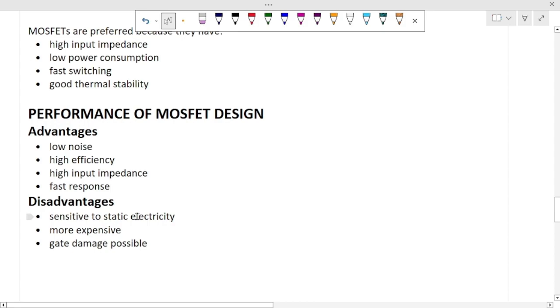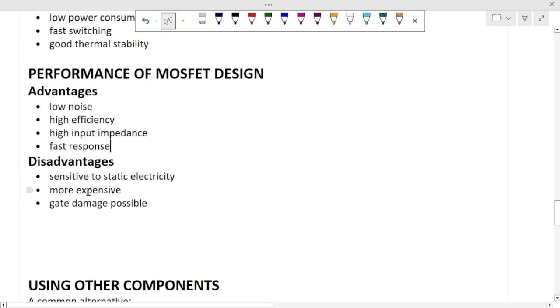Static electricity, which is not even part of our input signal or received signal. As in, we don't expect that to be part of our signal, our information. Since this MOSFET is sensitive to static electricity, it might include that static electricity in our information, which will cause what? Distortion.